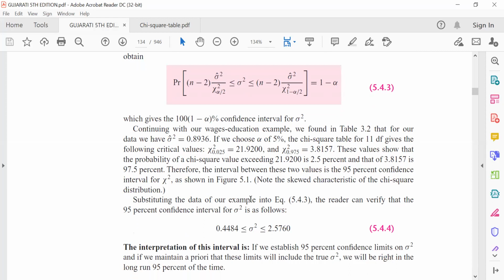Okay, you can calculate by yourself. Here we have n minus 2, that means 11.